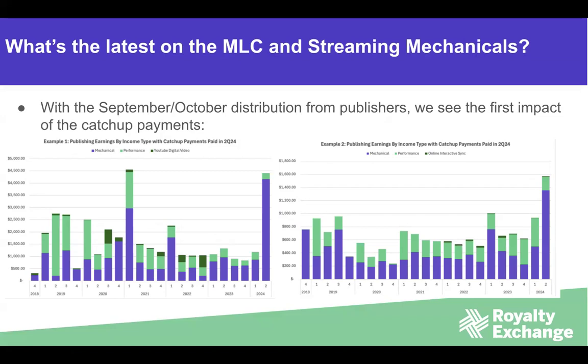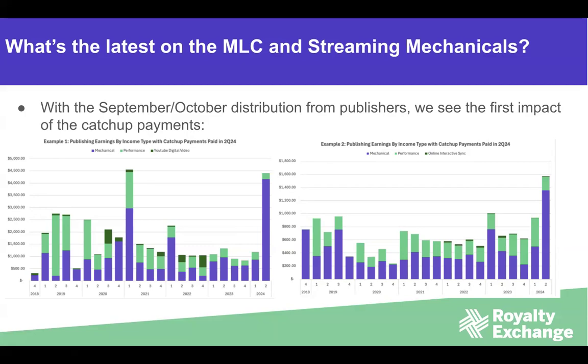As you can see in the most recent quarter for both of these two different publishing assets, pretty huge payments have come through. So this is really exciting and something we've been looking for a couple of years since the CRB, the Copyright Royalty Board, for those of you who aren't familiar, made the determination that they are retroactively increasing these streaming mechanical royalty rates.